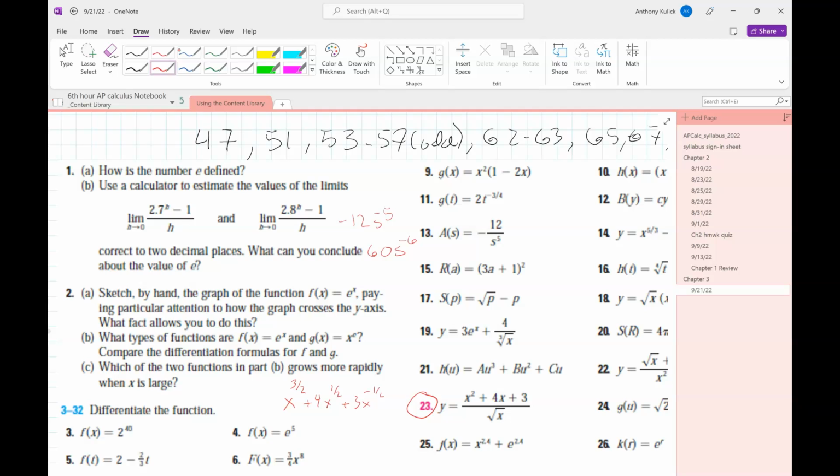And now I can apply my power rules directly. Wait, so why is only 3x to the negative? Why is only the negative? Because it was 3 over the square root x. Oh, yep, I see it.